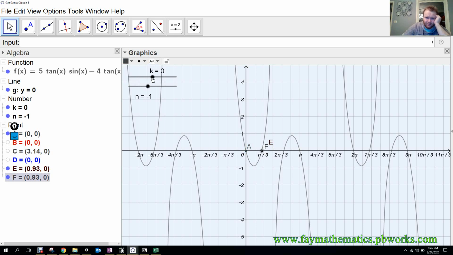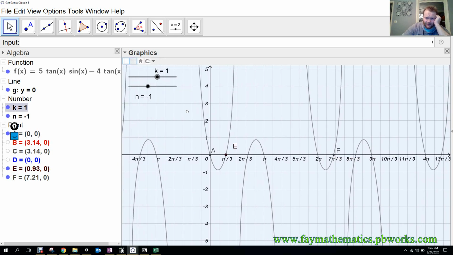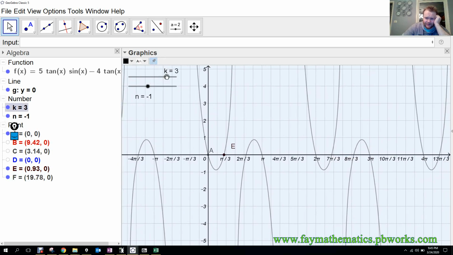They're the same point. But when k is 1, we jump over to that. When k is 2, we jump over to that. Okay, so that's nice.